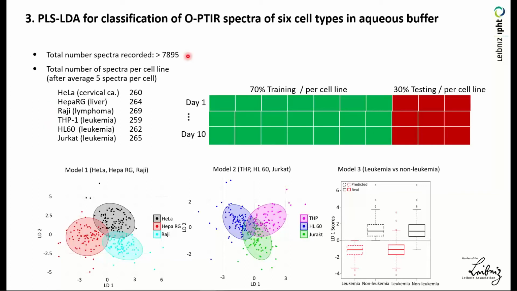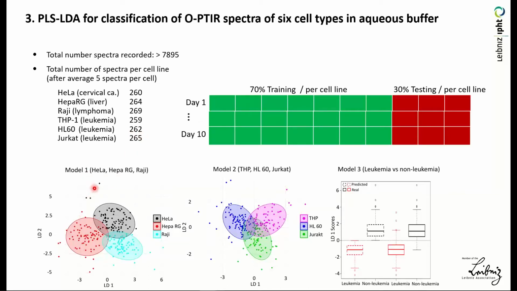Altogether, almost 8,000 spectra were collected, 5 spectra per cell, and then we used an average spectrum for classification. Data were collected on 10 days, and 70% of the data were used for training, and 30% of the data were used for testing. And on each day, all cells were studied.